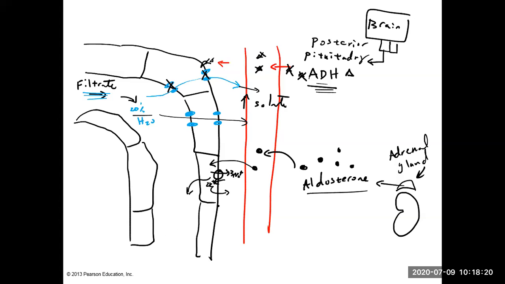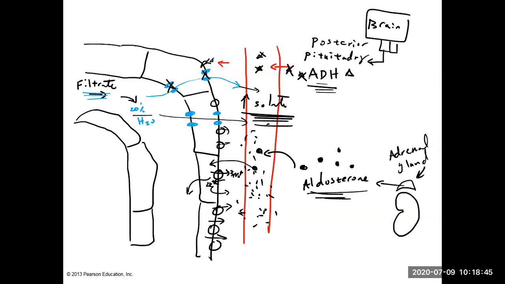The bottom line is, when you have so many of these sodium potassium pumps due to the effect of aldosterone, guess what? They are pumping a lot of solute on this side. So there's going to be a lot of sodium on this side, a lot of potassium on this side. All right, so this is going to increase the solute. This is another reason why the outside of the tube has higher osmolarity.